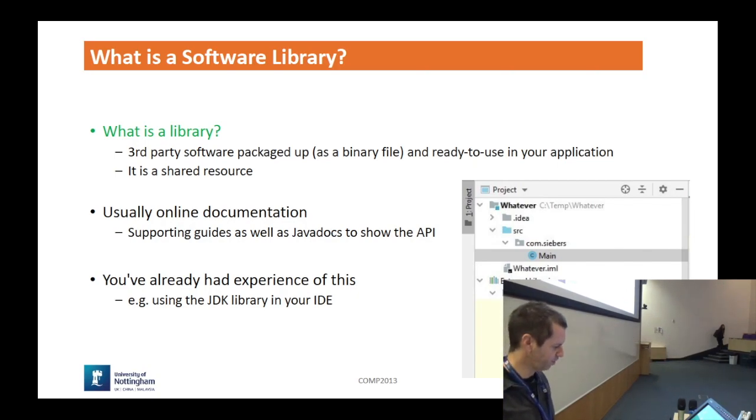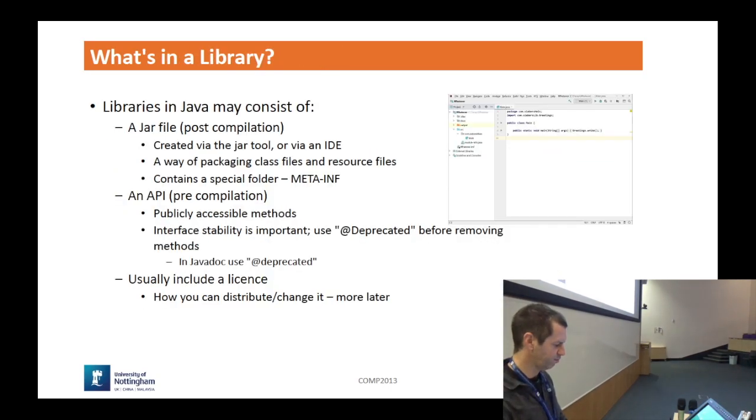They're usually accompanied by online documentation, like Java docs, and you've already seen this in your courseworks, like the JUnit libraries, for example. The snake game has some libraries in there. Libraries usually consist of a jar file, in the case of the Java programming language, created using a jar tool.